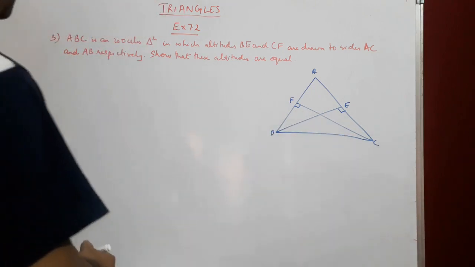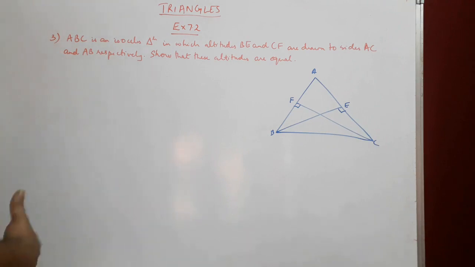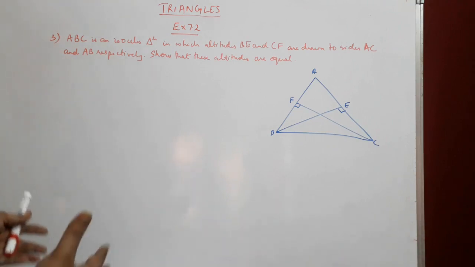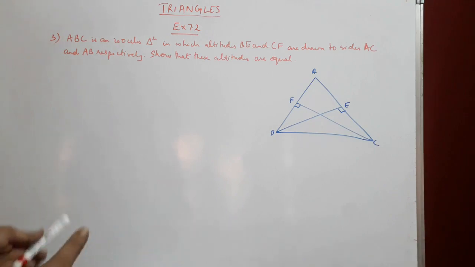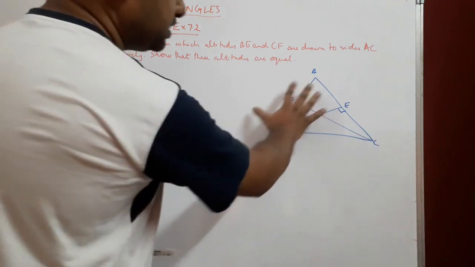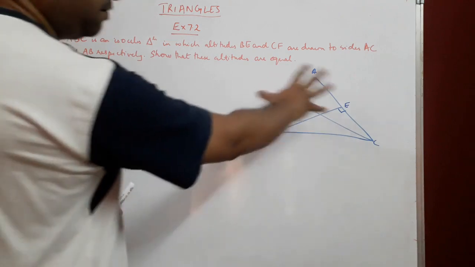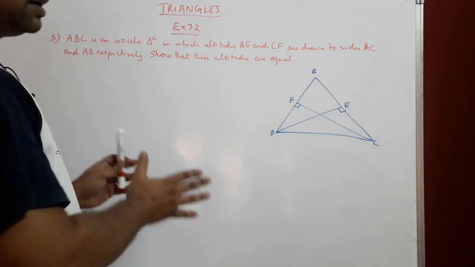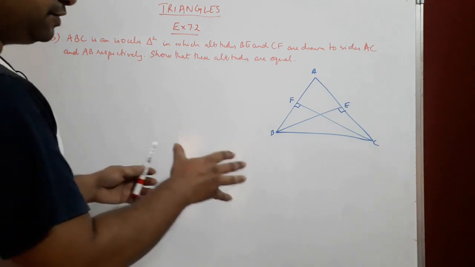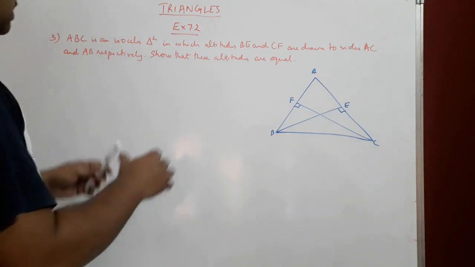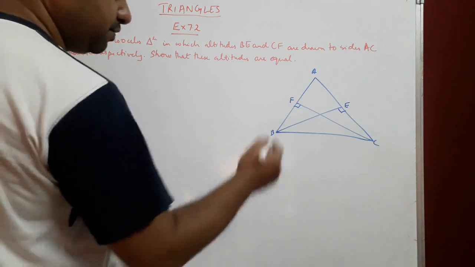To show that, we'll have to prove a couple of triangles congruent to each other. What I'll do is I'll just keep the triangles from this figure that we need to prove congruent. That will make it easier for you to see what we are dealing with. So I'll just draw them.